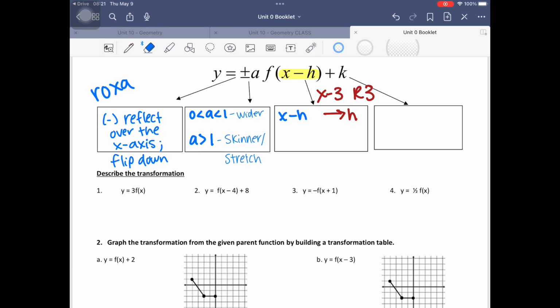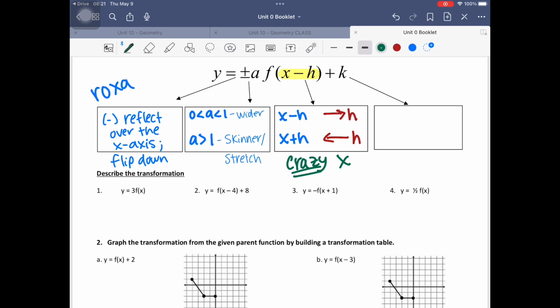We call that our crazy x. Then if it's x plus h, wild guess, that's going to go left. So if it's x plus 1, it is going to go left 1. If you want to make a note, this is the crazy x.